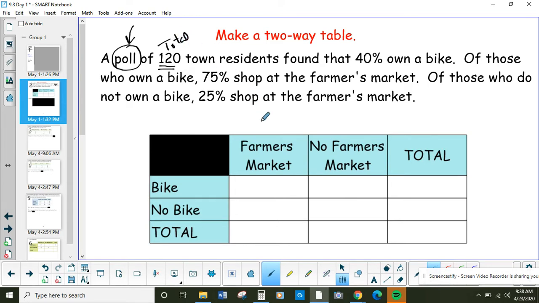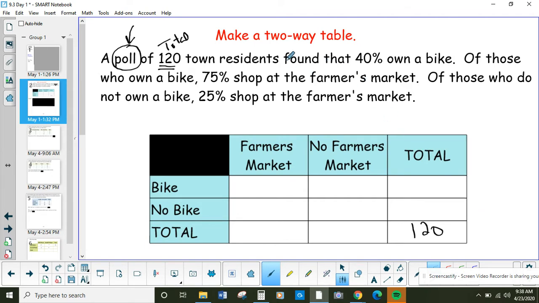I say total because there's a total number of people who ride bikes, a total number of people that don't ride bikes, a total number of people who go to the farmer's market, and a total number of people that don't go to the farmer's market. But all of them put together is the whole poll itself. So that's why 120 has to go here. When they give you the total, you write it right there.